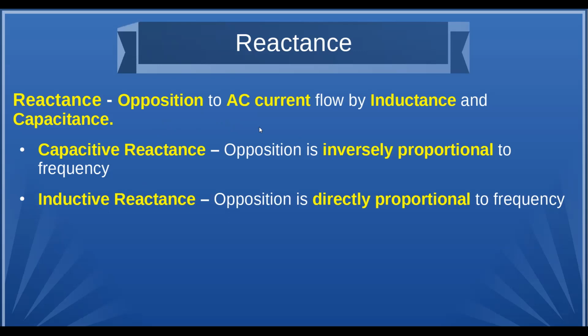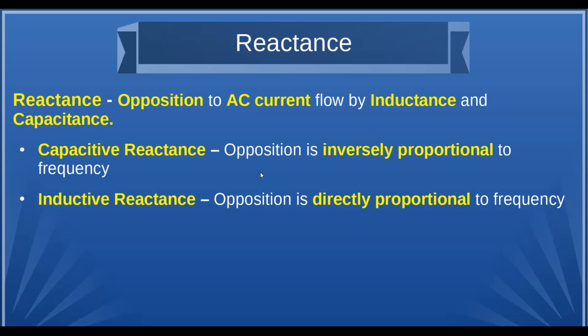In capacitive reactance, the opposition is inversely proportional to the frequency. In other words, the higher the frequency, the less opposition. I can't really say resistance, but it's effectively a resistance that's frequency dependent.